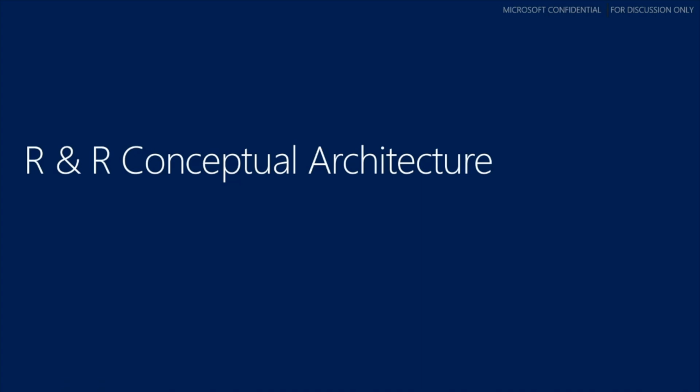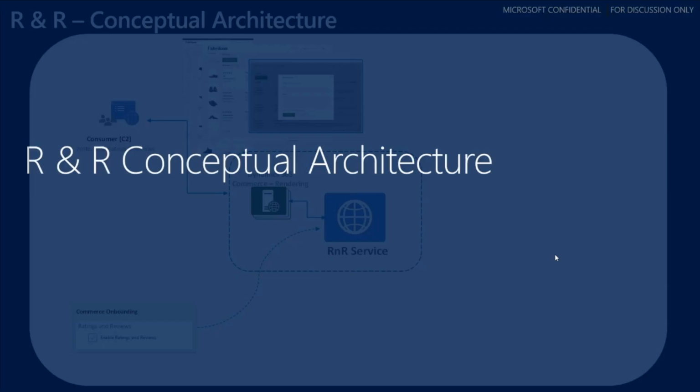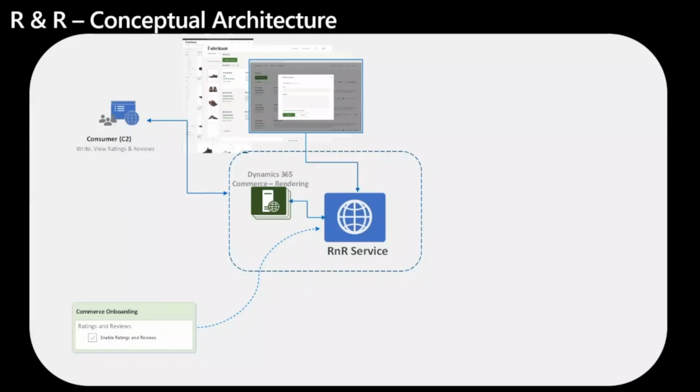And then, we would like to walk through a conceptual architecture for the ratings and reviews solution. Under the hood, it has so many things, but at the crux, the e-commerce website is the core piece where you not only provide a complete view of ratings and reviews, but also capture, as and when a consumer or a reviewer submits a review, it gets sent to our ratings and reviews service, as we call it.